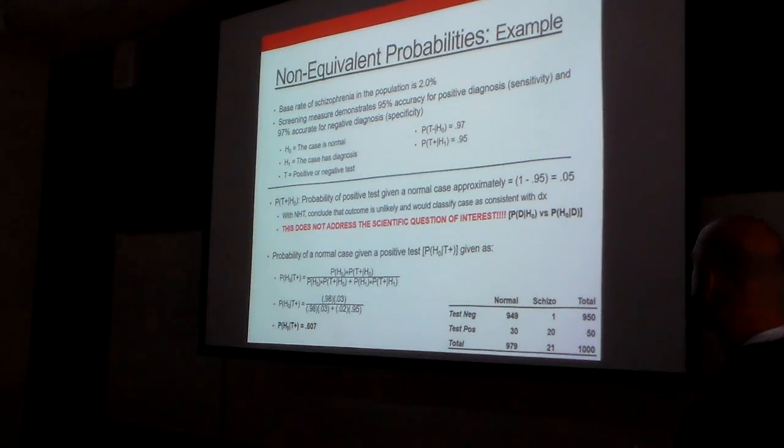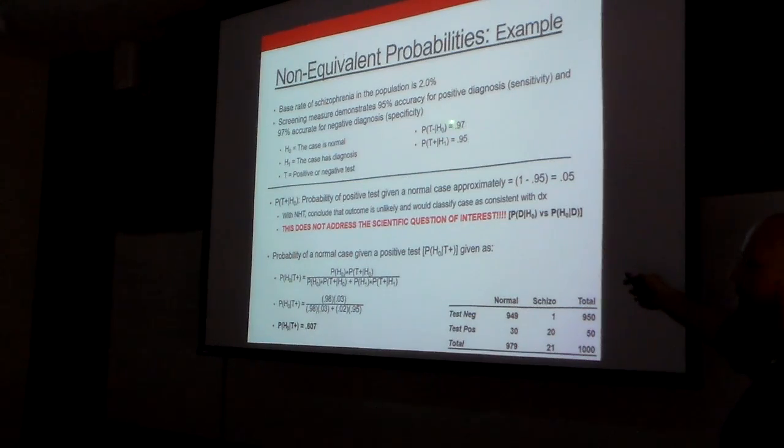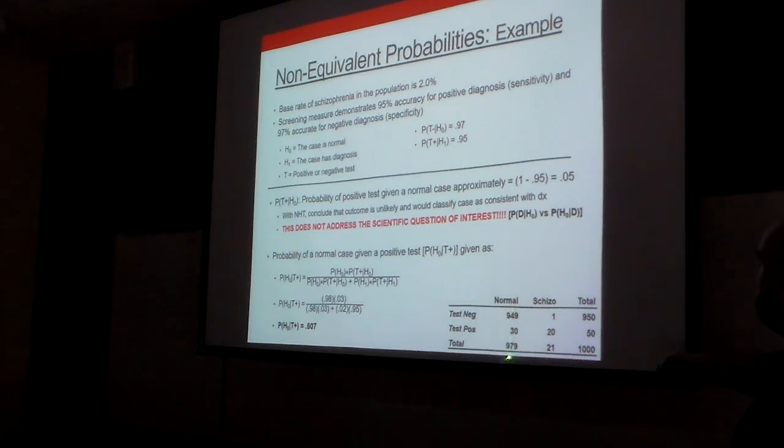What's 949 divided by 979? 0.969. Yeah, 0.97, right? So the probability of a negative test in a normal case is very high. And the probability of a positive test in a diagnostic case, what's 20 divided by 21? 0.95. Yeah, right? So the probability of a positive test in a positive case is quite high.